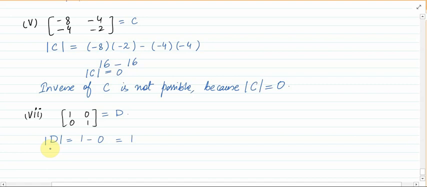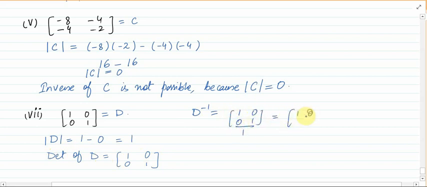Now the adjoint of D will be the same, [1 0; 0 1], divided by 1 is equal to [1 0; 0 1]. So the inverse of the I matrix is basically equal to I itself, right?